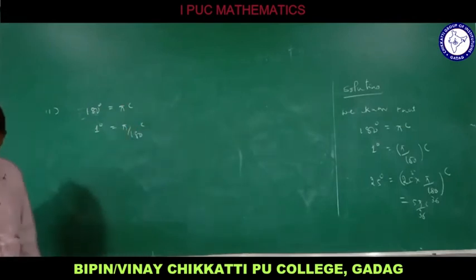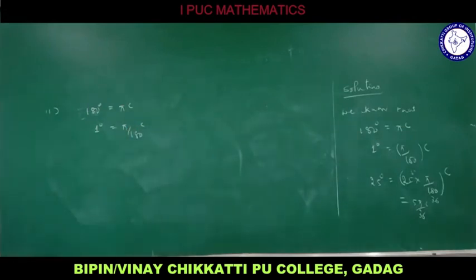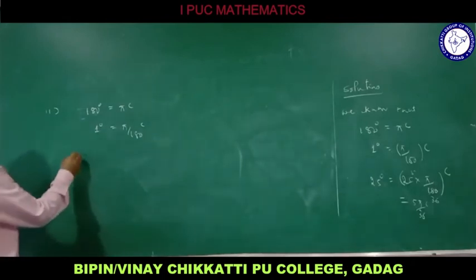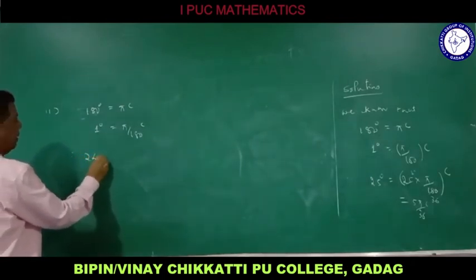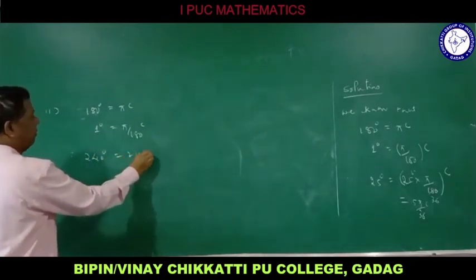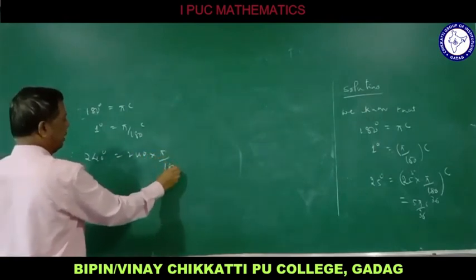So the second problem is 240 degree. Therefore 240 degree is equal to 240 into pi by 180.